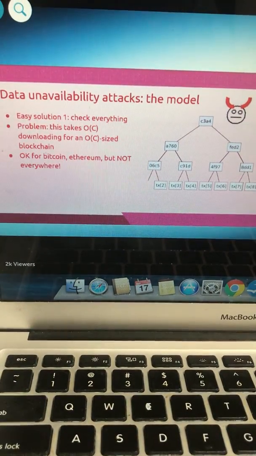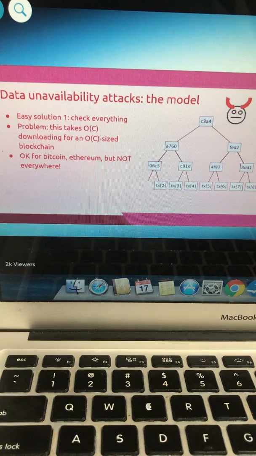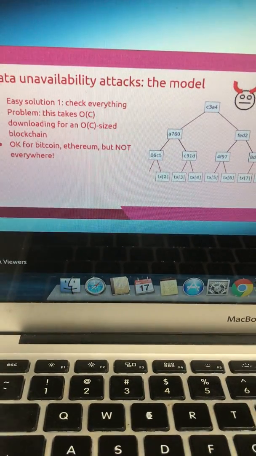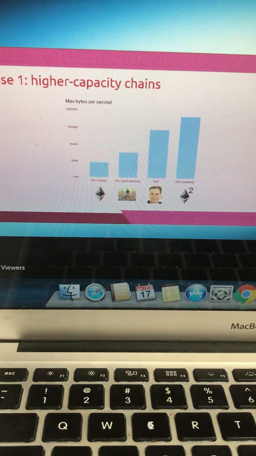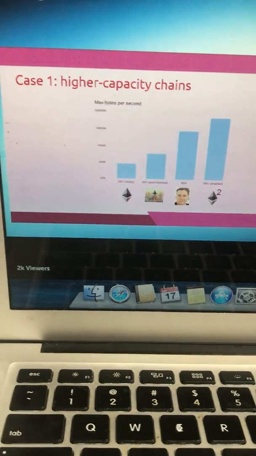So easy solution one, check everything. For O(N) data, this obviously takes O(N) bandwidth. It's okay for existing blockchains, but there's plenty of contexts in which it's not okay. Context one, higher capacity chains.